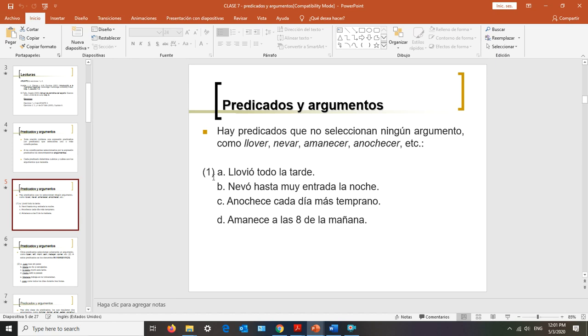So all these sentences that you have under 1, A, B, C, and D, are instances in which you have a predicate, such as llover, which is zero place, selecting for no argument whatsoever.